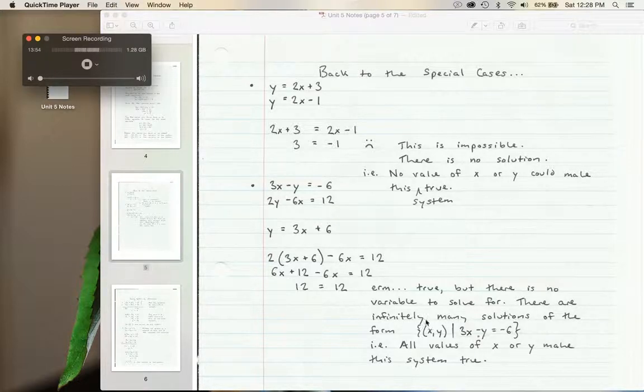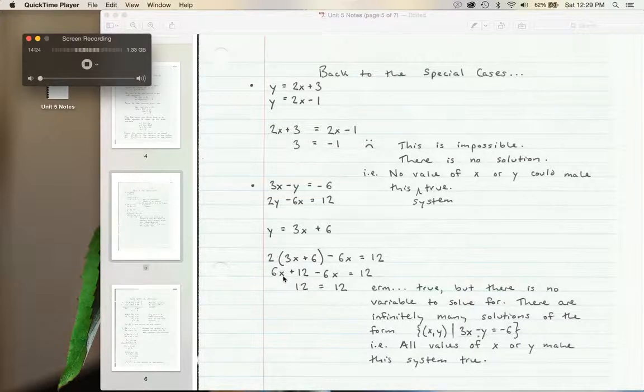Well, this type of situation, where your variable disappears, but you're left with an equation that is true, means that there are infinitely many solutions. And those solutions take the form of our set notation, the set of all ordered pairs x and y, so that 3x minus y is equal to negative 6. Another way to think of this is that any value of x or y would make this system true, because the system is true independent of what the variables are.